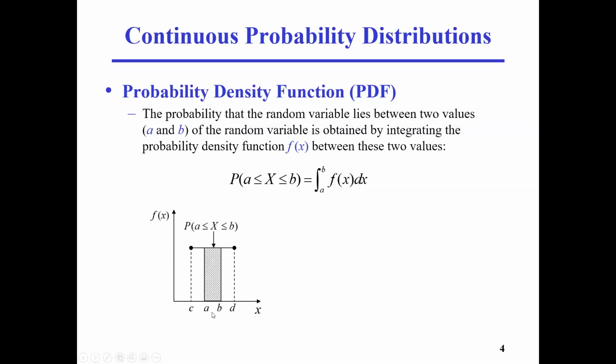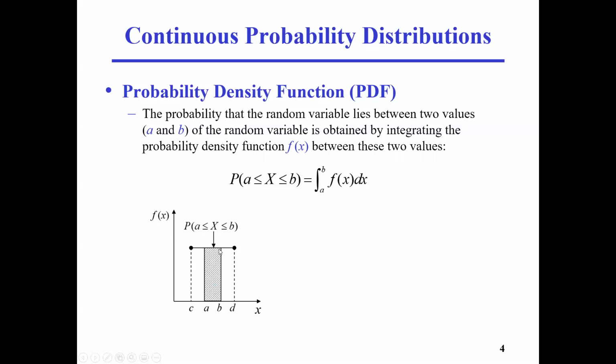Let's talk about A and B. We want to find the probability of random variable X being between A and B. Of course, we need to use this calculus to get the result. But like I said, you don't have to actually calculate it, because the result equals the size of this shaded area formed by A, B, the horizontal axis, and the curve itself.